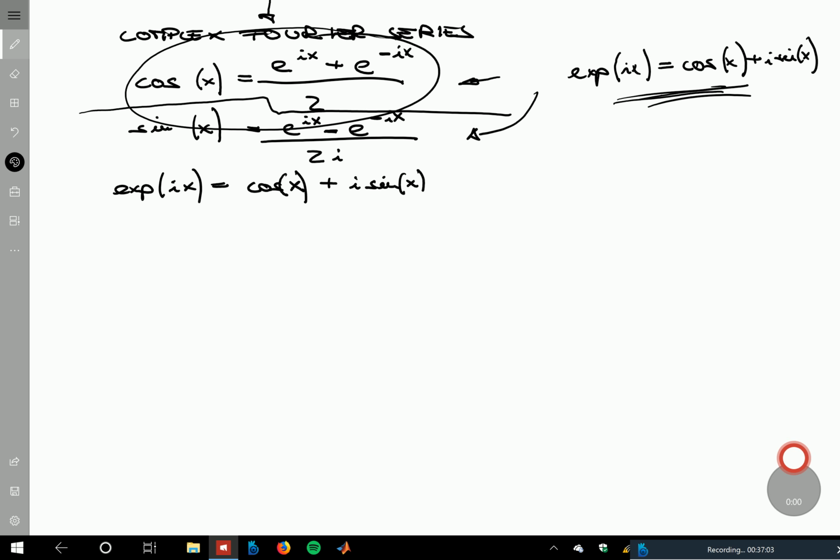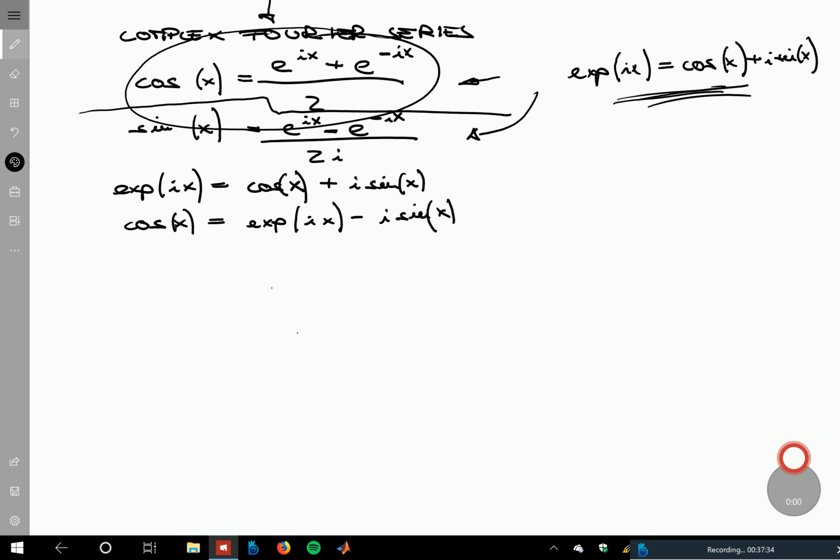And this means that if we want to rearrange that for the cosine, then we have cosine x being, we just put the sine term on the other side, so we have exponential ix minus i sine x. That's something for a start.